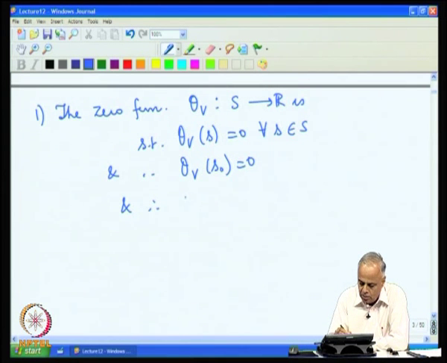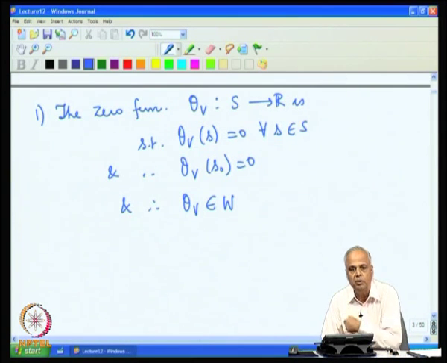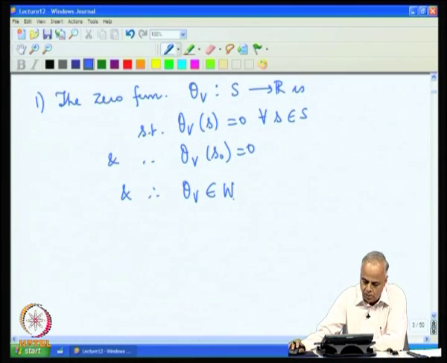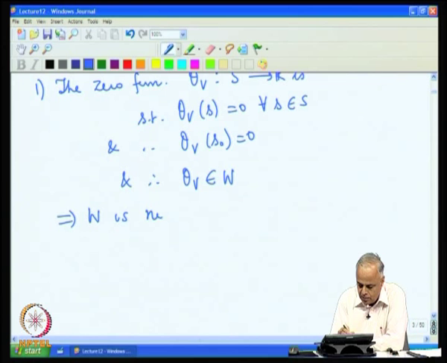Therefore, theta v belongs to this collection, because this is a collection of all functions which map S naught to 0, and theta v is one such function. Therefore, W is non-empty. It has this 0 function in its collection.